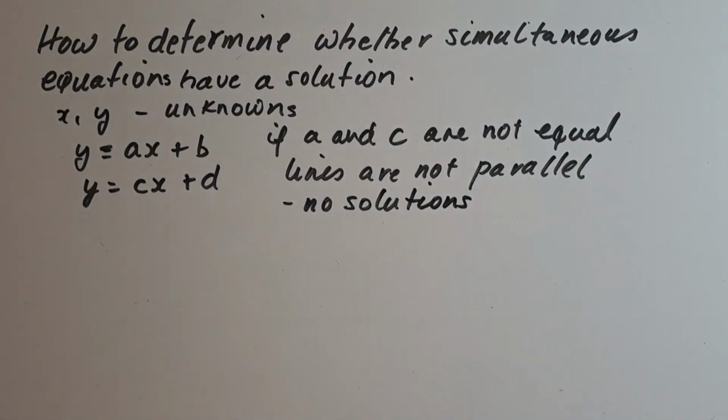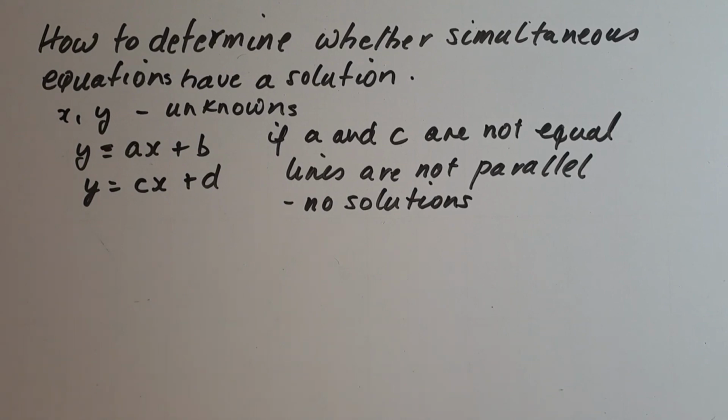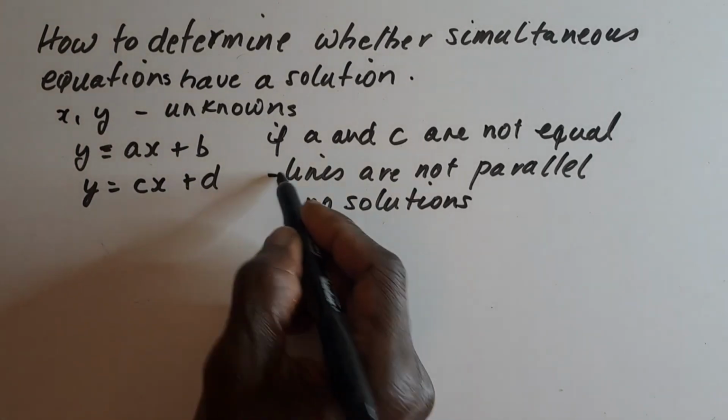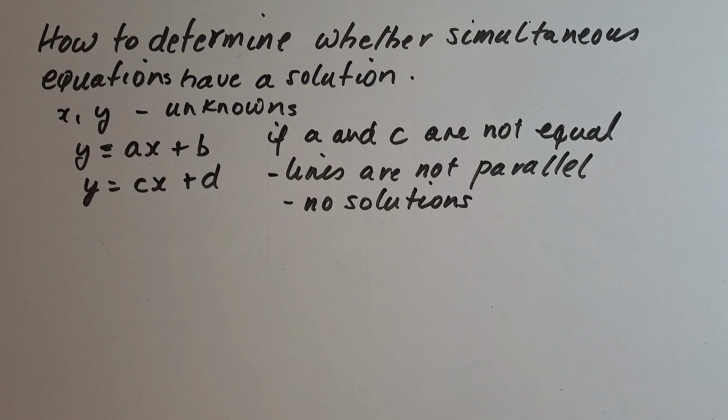Right, so these are two simultaneous equations in this form, y equal to ax add b and y is equal to cx add d. If a and c are not equal, then the lines are not parallel, and hence there are no solutions.